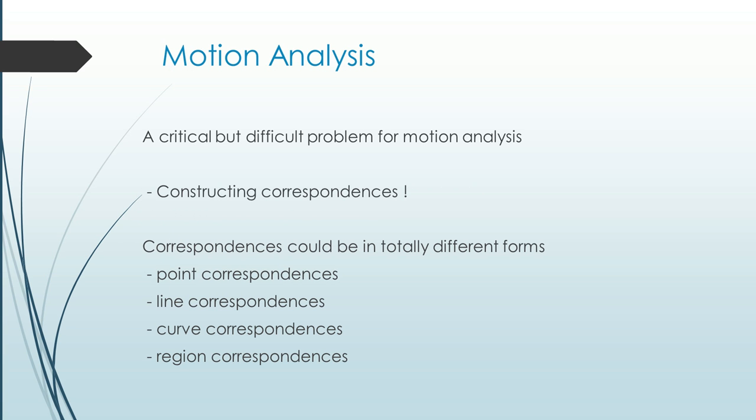The critical problem for this is how to construct correspondences. As we saw before, when you have different feature matching, sometimes the correspondences are not correct. So how do we actually construct good correspondences of all these different features?